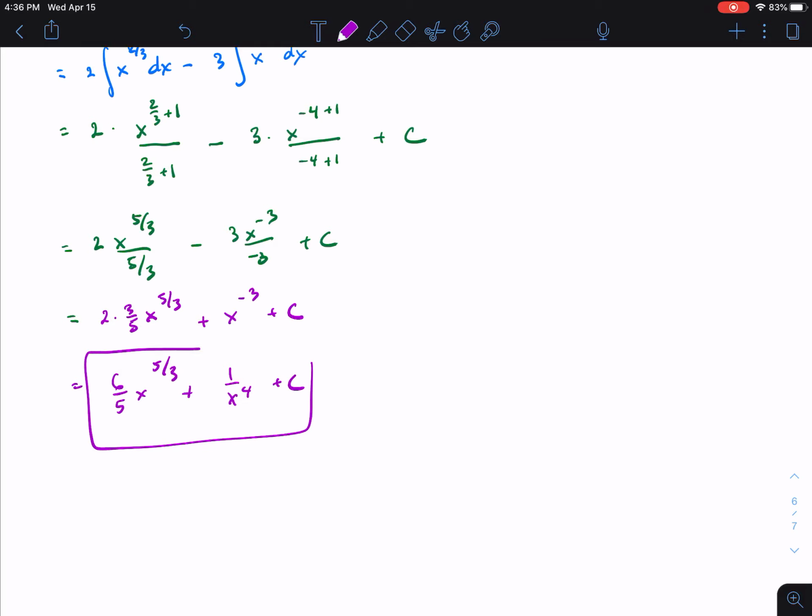And that should be your answer. Let's quickly check in case I made some sort of mistake. Let's find the derivative of this given function here. Oh, that should be a 3, and yep, that should be a 3 as well.